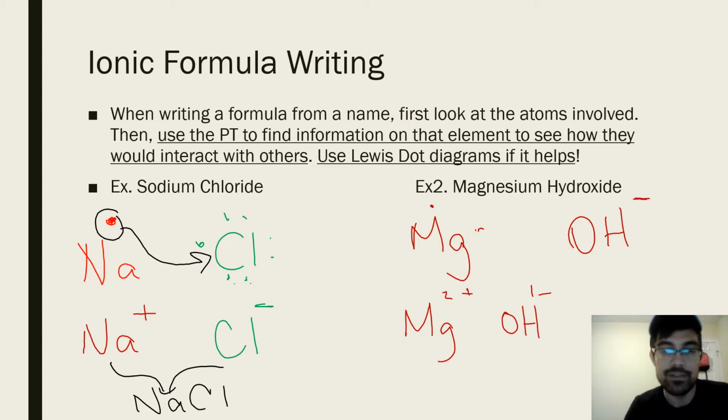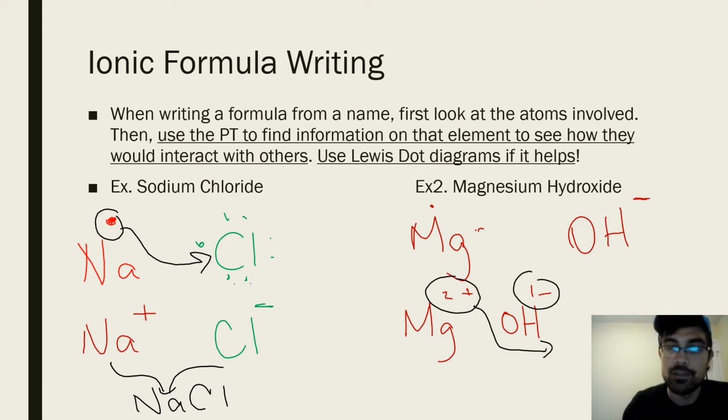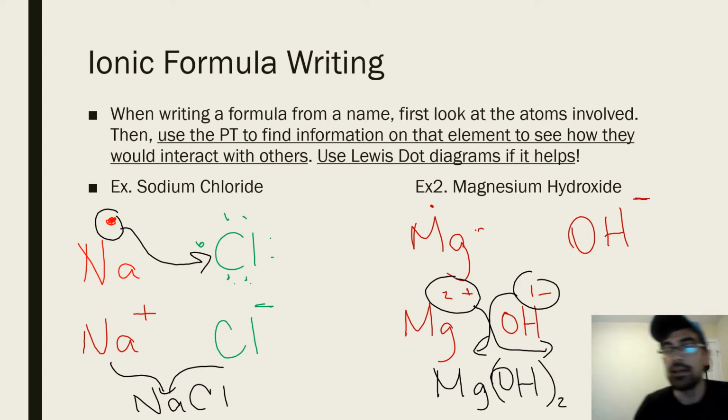What you may have done in grade 9 science is what's called a crisscross. So this one switches to there, that one goes down there, and our formula then is Mg(OH)2. Remembering to put brackets around the hydroxide to indicate that there are 2 hydroxides attached for every 1 magnesium.